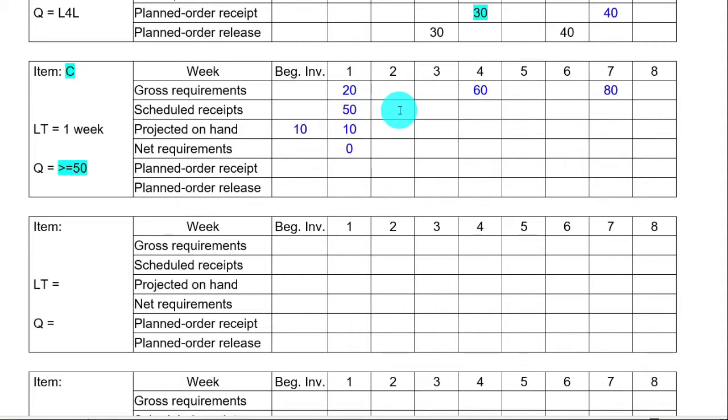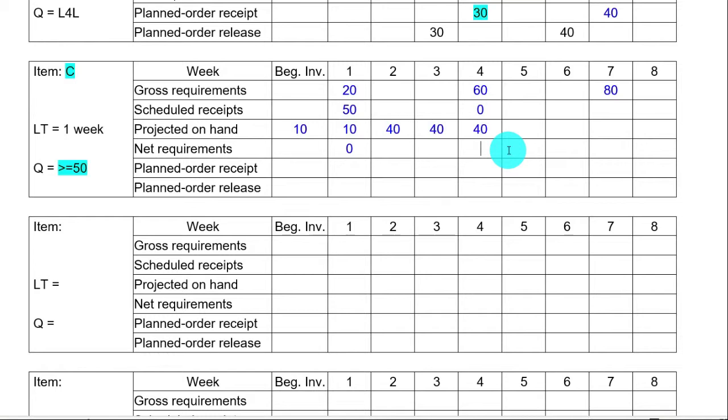All right. So week 2 on hand is 50 plus 10. Okay. This is what you have. 50 plus 10 is what's available, right? 60. So 60 minus gross requirements 20. You have 40 on hand. And 40 is carried over to week 3 and week 4. So in week 4, gross requirements is 60 minus 0 on order minus 40 on hand.